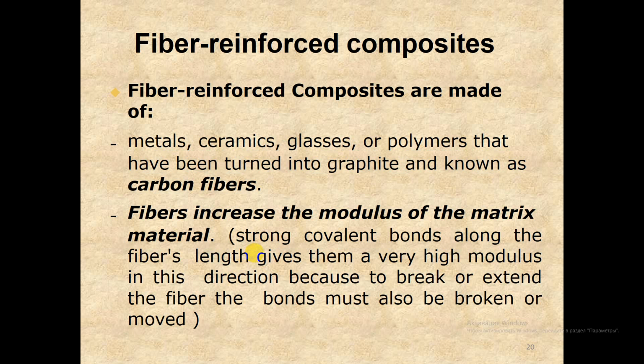Fibers increase the modulus of the matrix materials. Strong covalent bonds along the fiber's length give them a very high modulus in this direction, because to break or extend the fiber, the bonds must also be broken or moved.